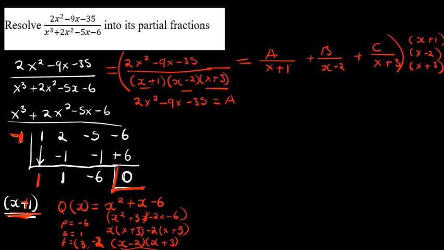So this part I multiply with the common denominator, meaning that this one and this will cancel. The things that will remain will be x minus 2 and x plus 3, plus then B.